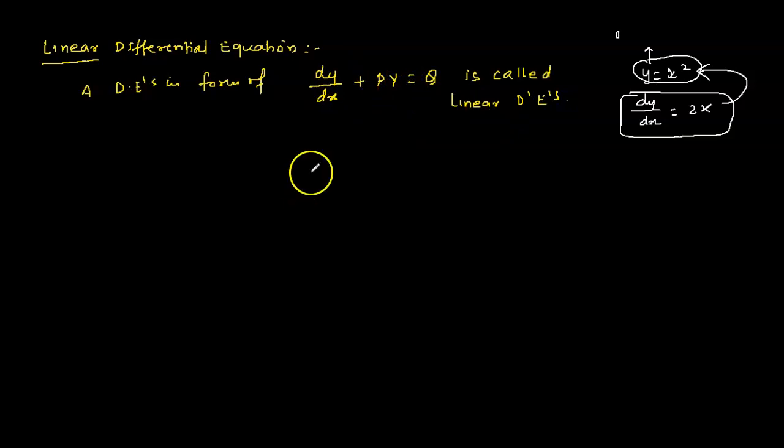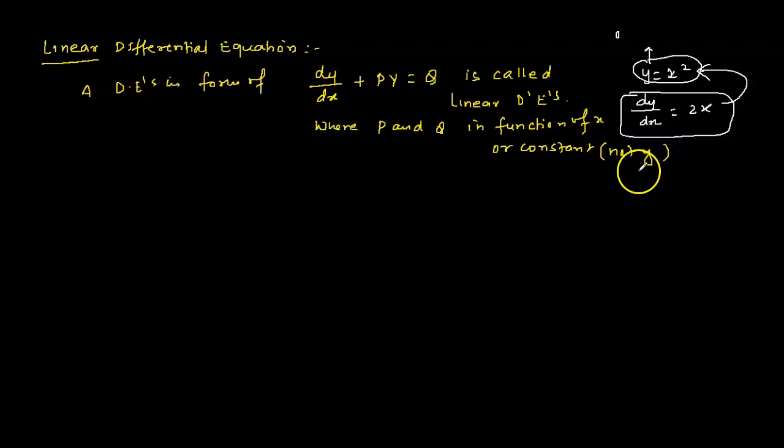Where p and q are functions of x, any function of x is given. So p and q will be functions of x or constants, and strictly not y.